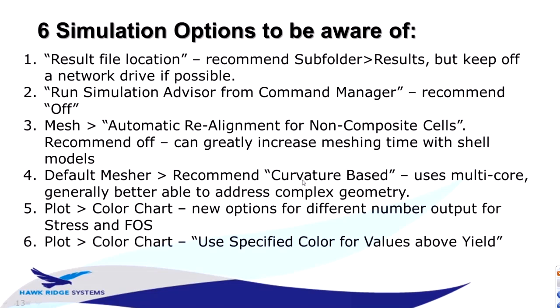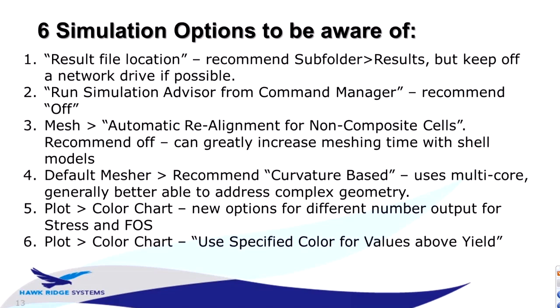It does mean you will have to visually scan how the shell mesh has been created. It controls what it determines as the top and bottom of objects. But I recommend turning it off, especially if you're noticing shell meshing takes forever.